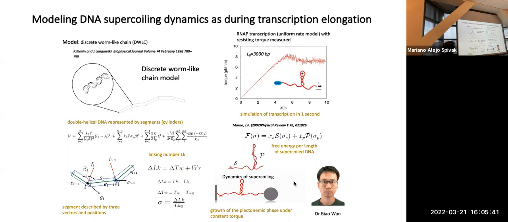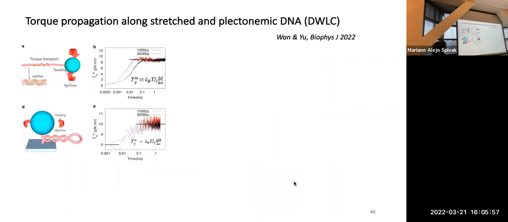He looked at either constant velocity of manipulating the end of the DNA, or constant torque, to see how DNA reacts. After quite a lot of development, since reading the literature is pretty difficult for this project, we found that we can have fast dynamics and slow dynamics.